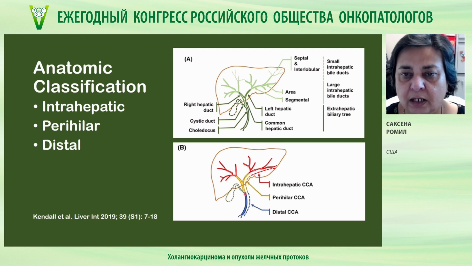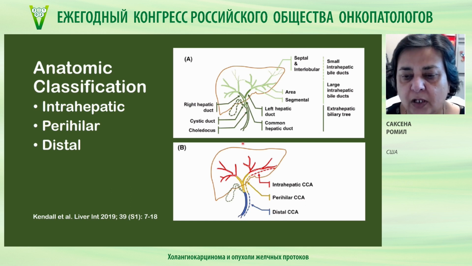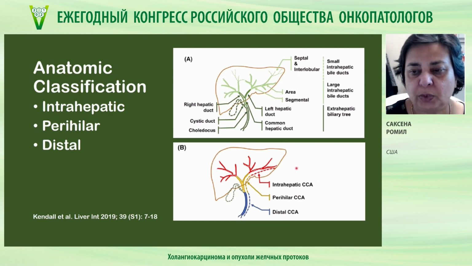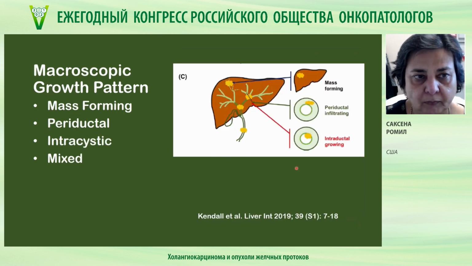And anything that occurs distal to the common hepatic duct, meaning within the common bile duct, is called the distal cholangiocarcinoma. And you see that over here. So these are the three ways we can classify cholangiocarcinomas based on their anatomic location.